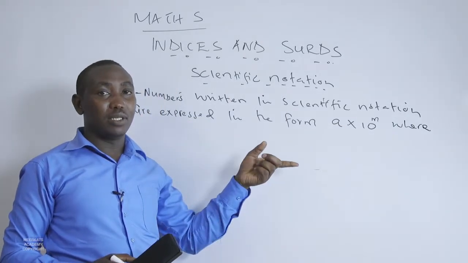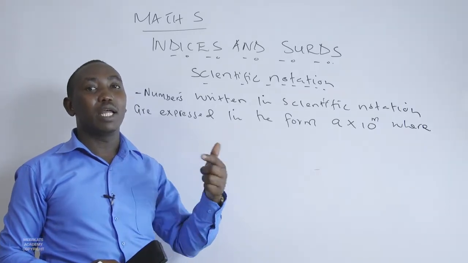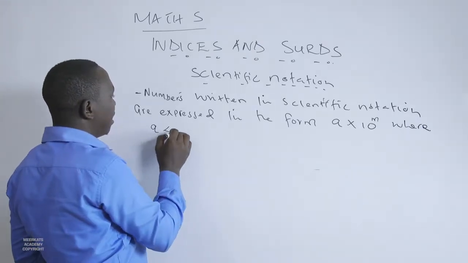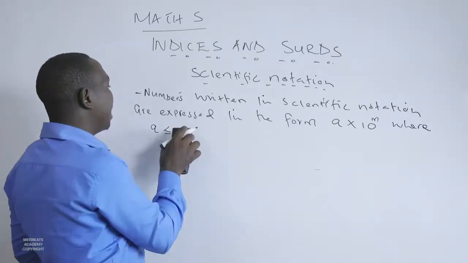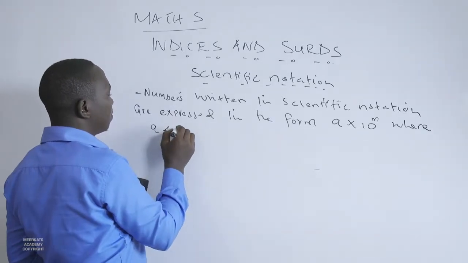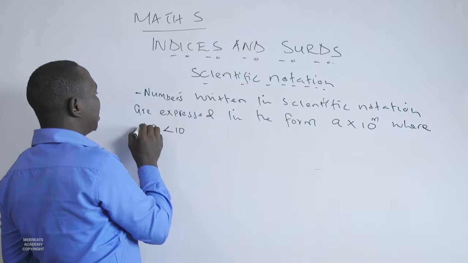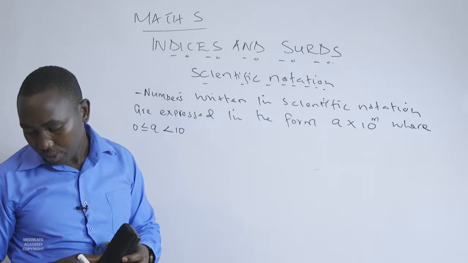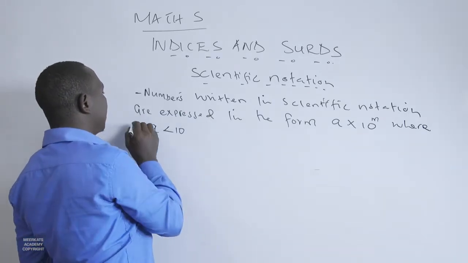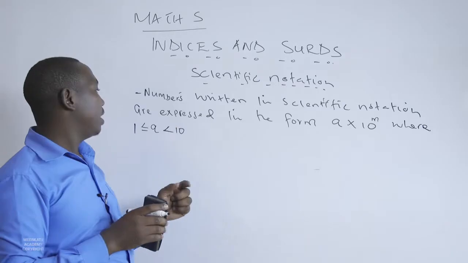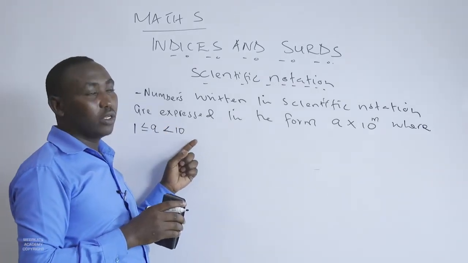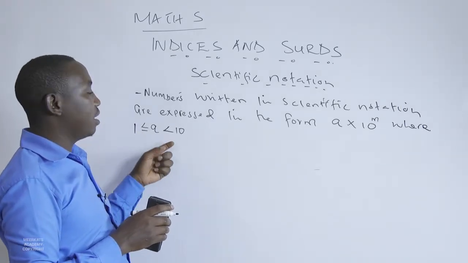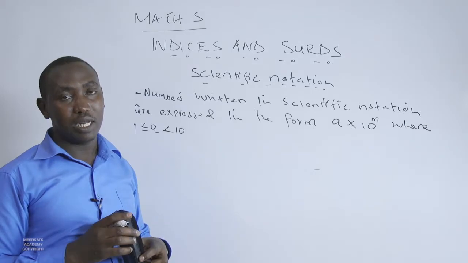A should never be less than 1, and it should never be 10 or greater. So a is strictly less than 10 but greater than or equal to 1. So it can never be 0, it can never be 10. It must be greater than or equal to 1, and strictly less than 10.